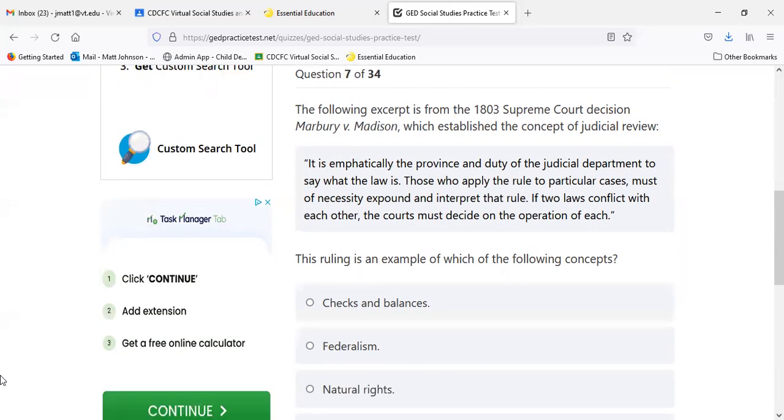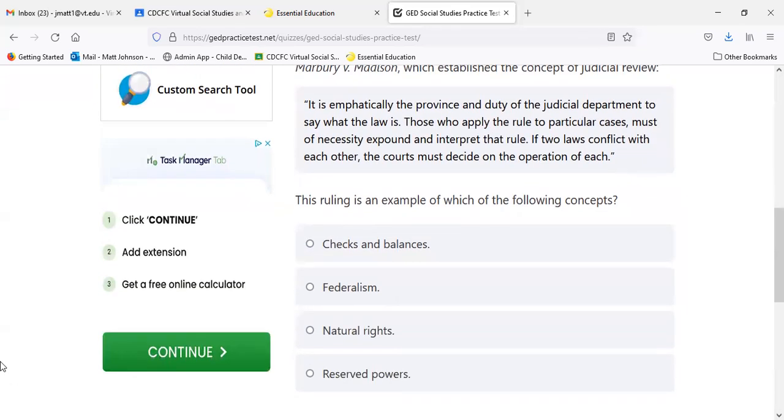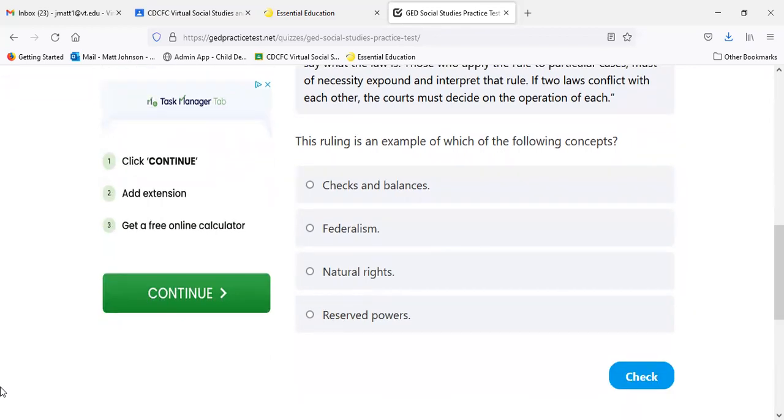Kate, so the ruling is an example of which of the following concepts? A, checks and balances, B, federalism, C, natural rights, or D, reserved powers.